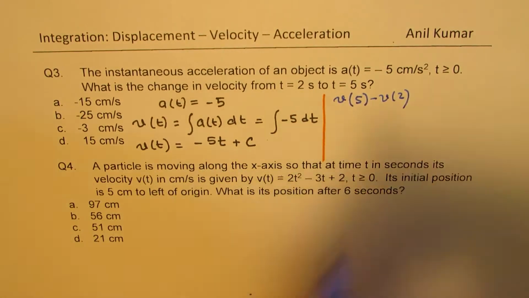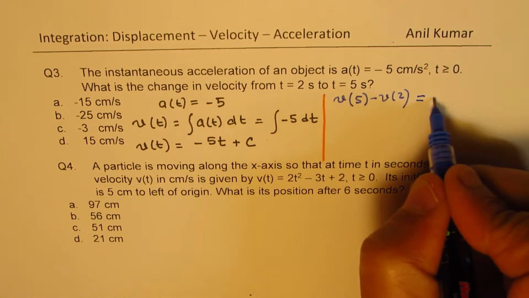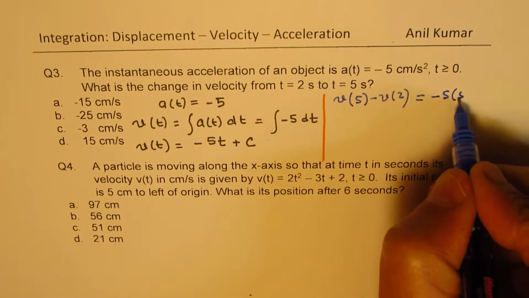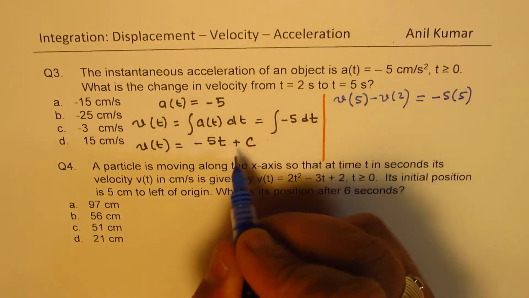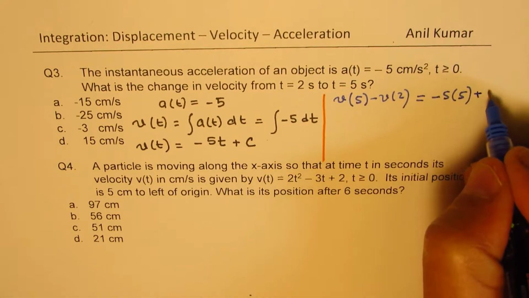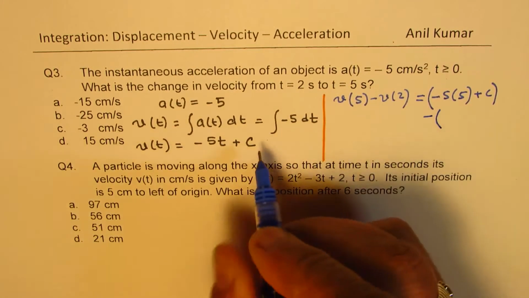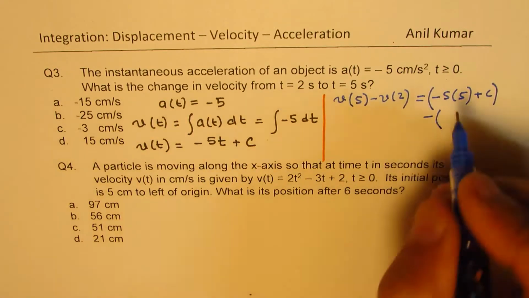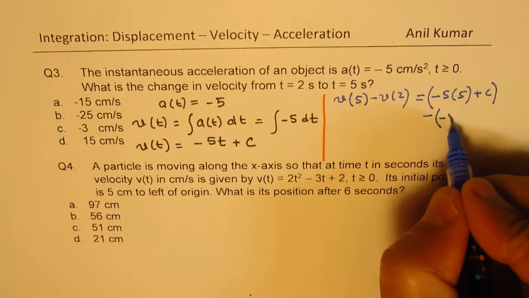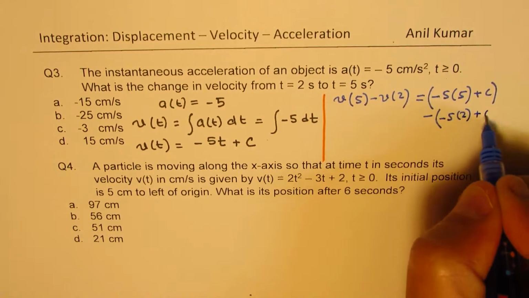So substituting those values here, we get minus 5 times 5, plus c. Writing 2 in this equation, we get minus 5 times 2 plus c.